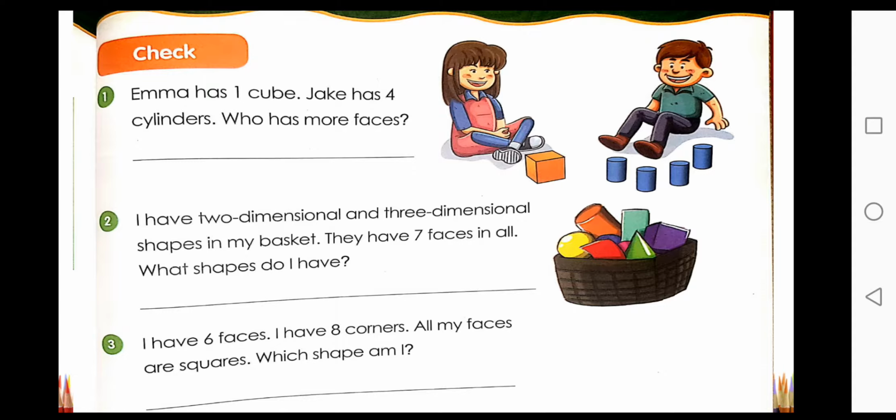Now, Emma has 1 cube. Jake has 4 cylinders. Who has more faces? A cube has how many faces? A cube has 6 faces, right?